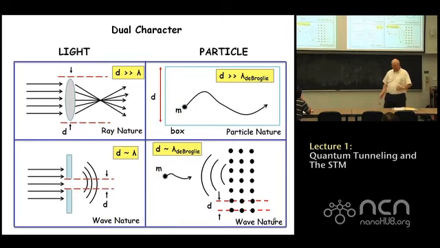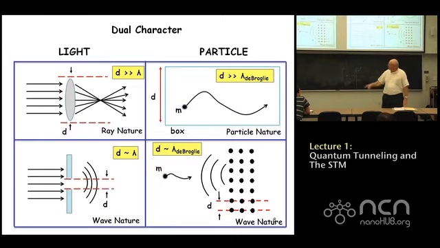And so then the question becomes, how do you decide whether the particle is going to behave as a particle or as a wave? So let's be specific. Let's talk about an electron. How do you know in advance whether an electron is going to behave as a particle or a wave? And what we now know, looking back, is that it depends on how tightly confined the particle is, right?